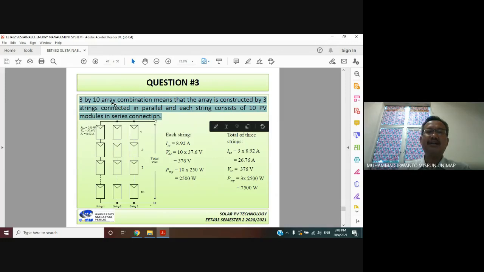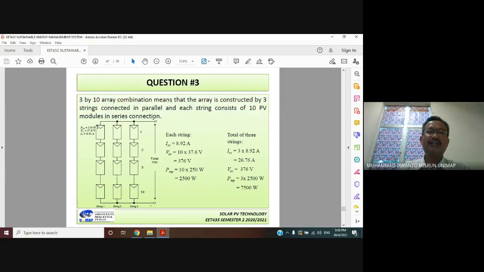So we have string 1, string 2, string 3. And each string contains 10 PV modules connected together in series.